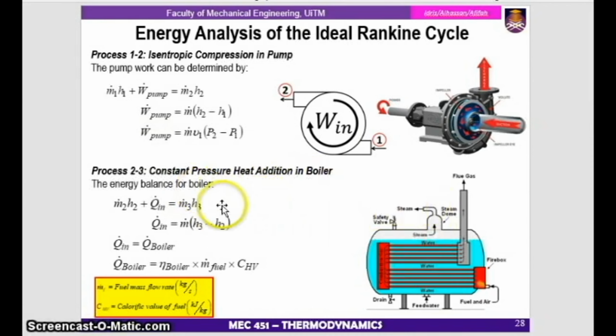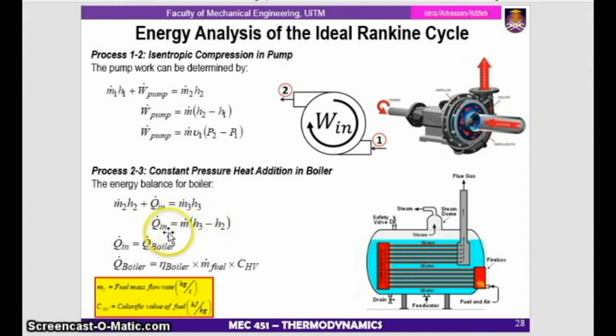Using the SFEE energy equations, only heat is in this equation. So Q plus m dot h2 is equal to m dot h3. Simplify the equation, and you have this equation.